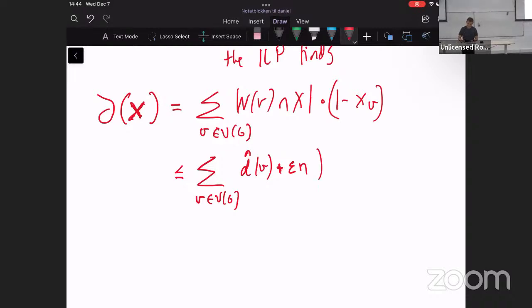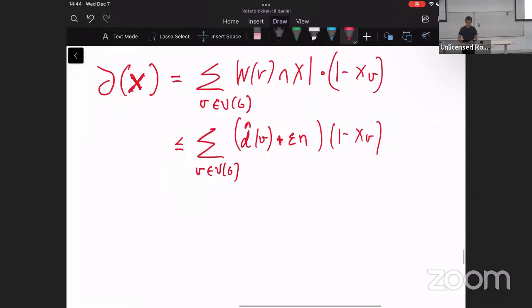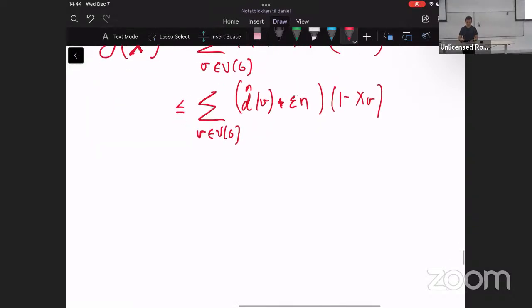Okay, and now I multiply this by 1 minus xv. If I pull the epsilon n out, I get at most epsilon n squared, because some of these terms get canceled, plus the sum over all v of d hat v times 1 minus xv.